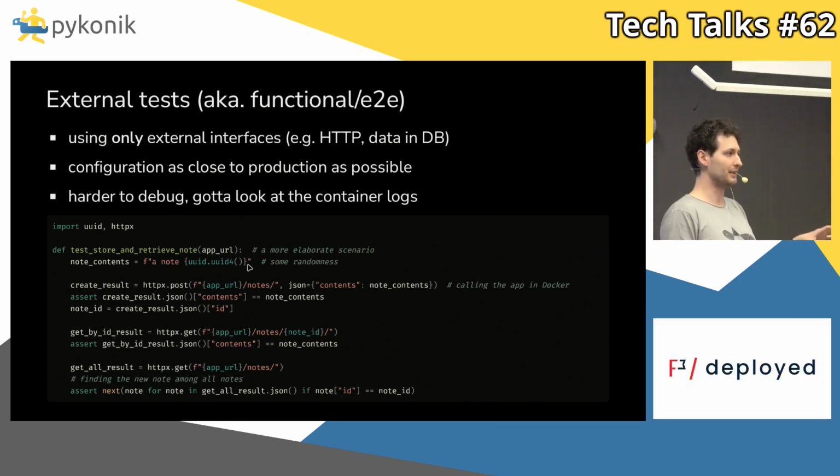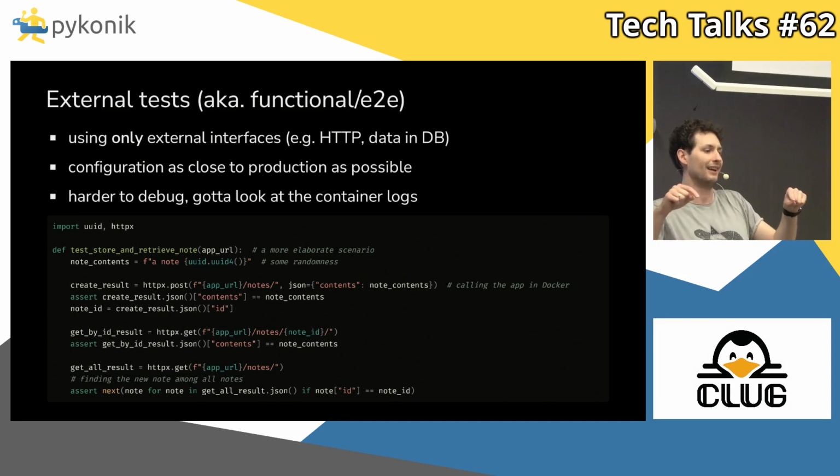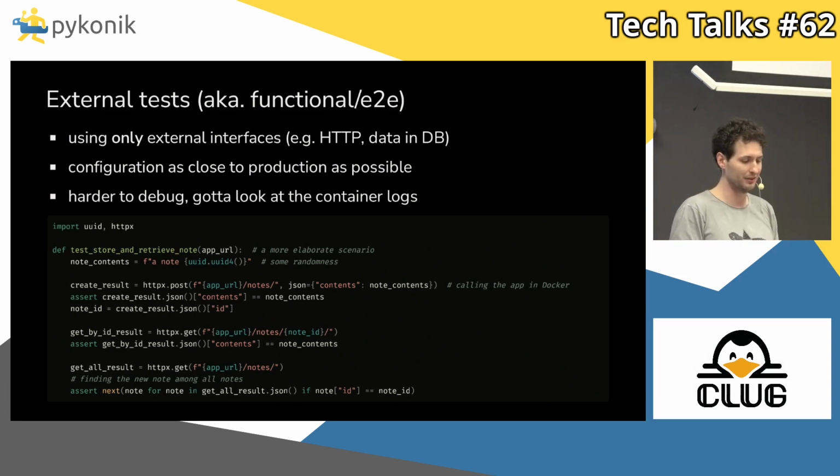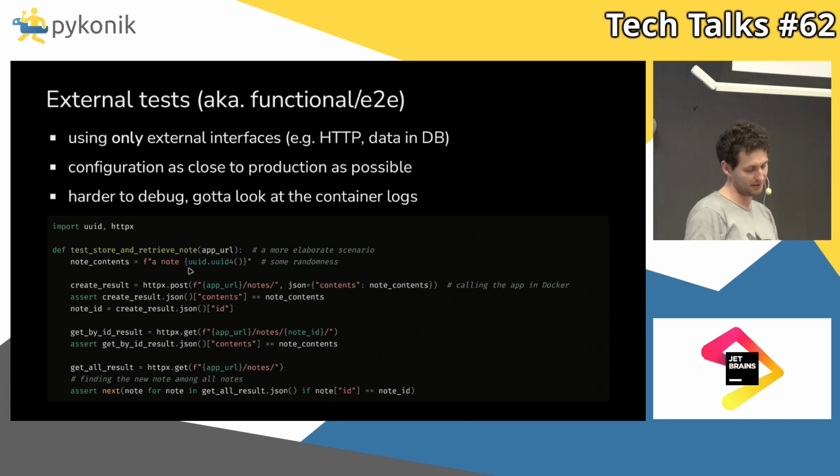And that bit of randomness helps us prevent any false positives, because I could just write the implementation that would return string AAA, and if my test would just find node AAA, then we could get a false positive, but those bits of randomness prevent any false positives. So what happens here?